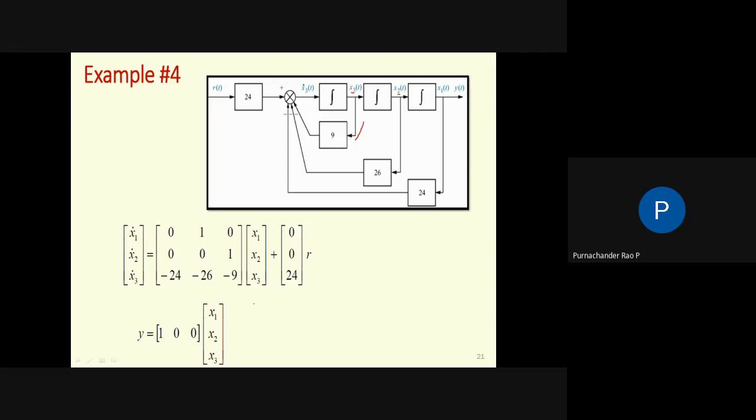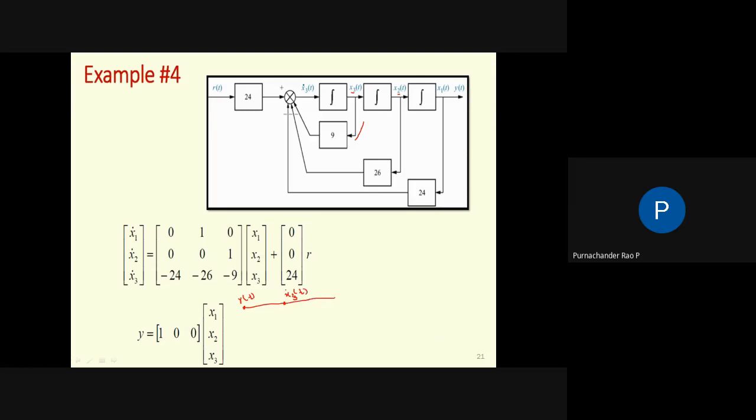And you can also represent this in a signal flow graph model by taking all the values here. Okay, so this is your r of t, the same model, and this is your x3 of t.